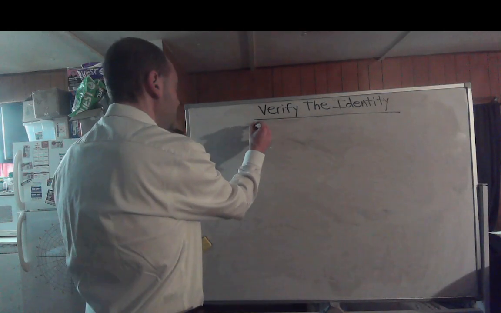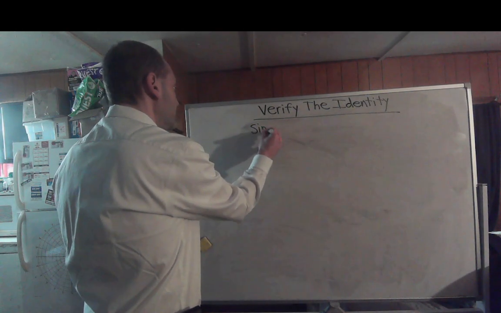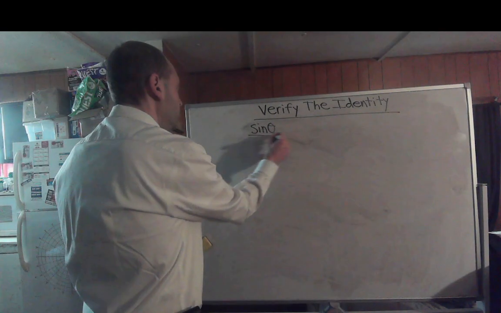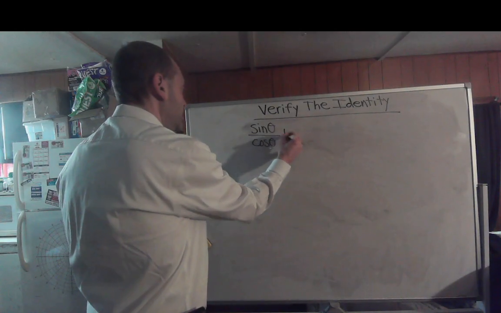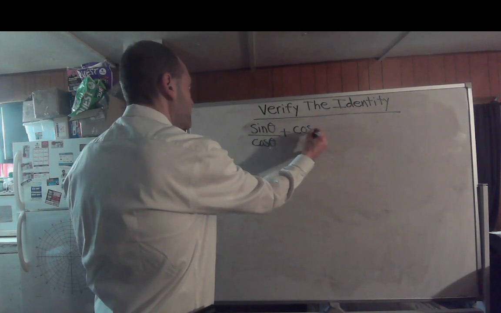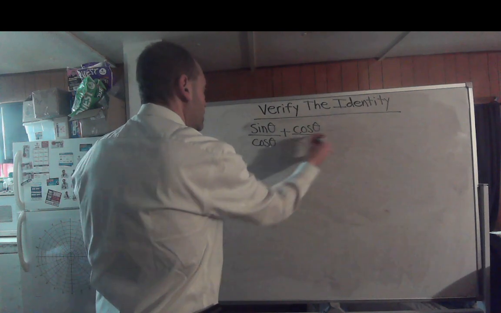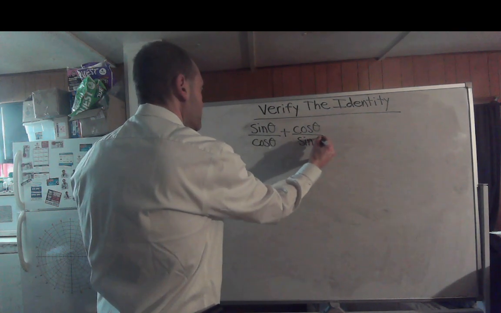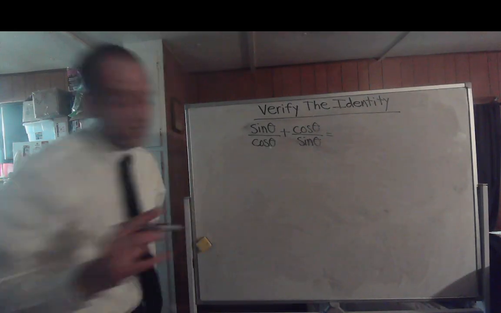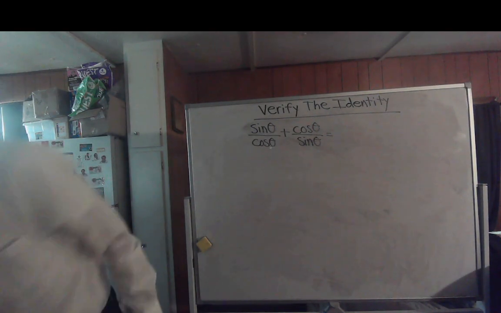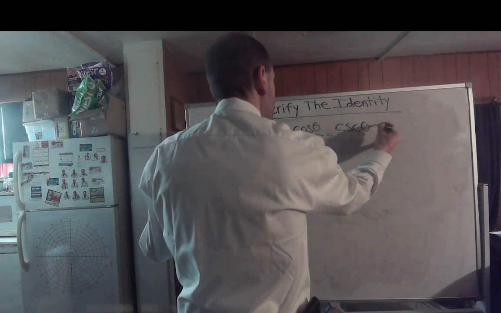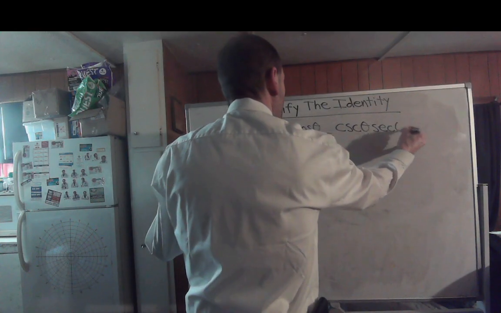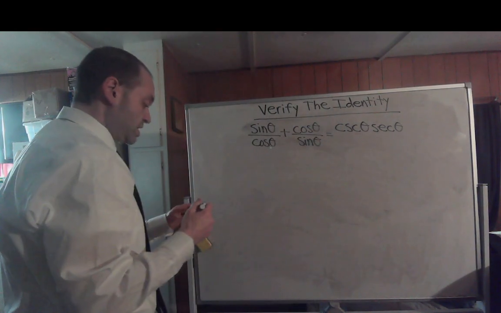So we're given that the sine of theta all over the cosine of theta plus the cosine of theta all over the sine of theta is equal to the cosecant of theta times the secant of theta. We have to prove this.